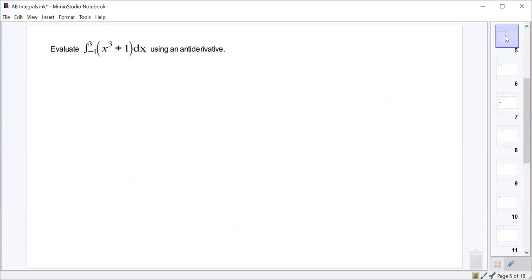All right, let's do a definite integral. So first off, what is the integral of x cubed plus 1? It's an x to the 4th divided by 4. So x to the 4th divided by 4, and then the plus 1 is?